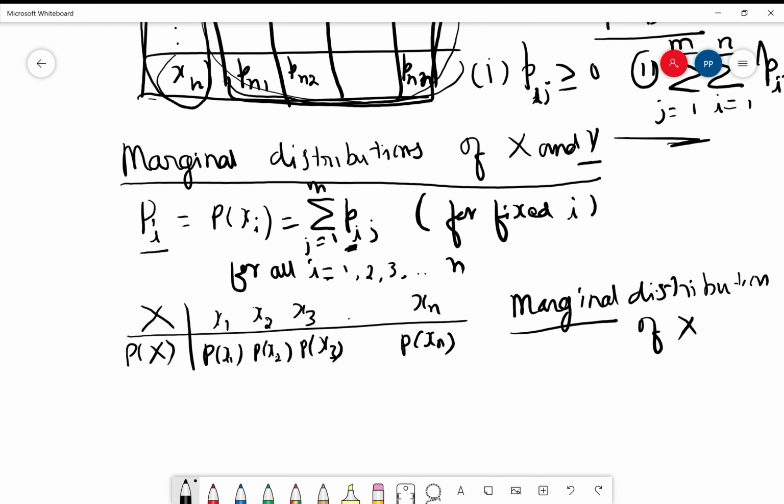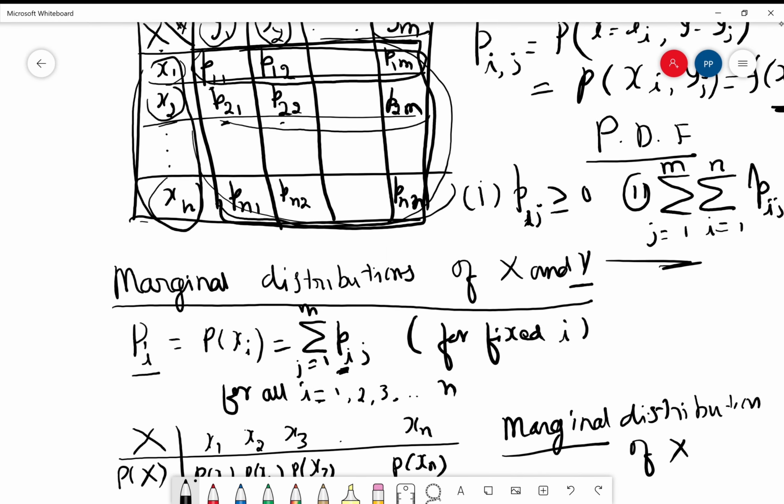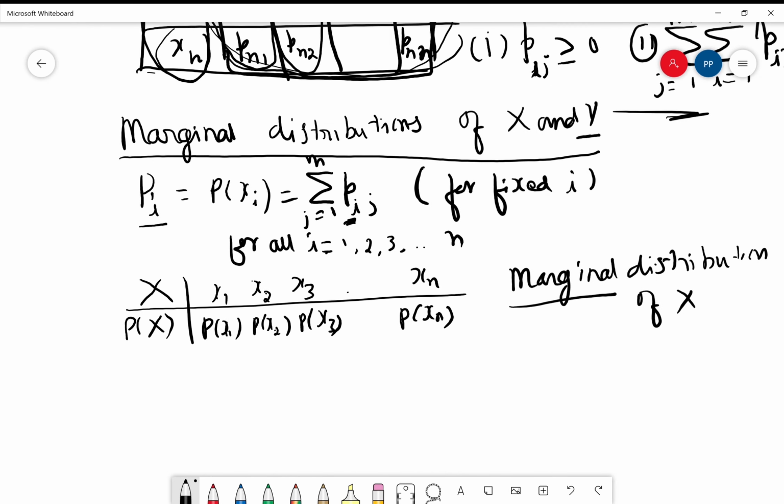In the same way, you can find the marginal distribution of y. Now we just have to consider the sum of the entries in these columns. This one has the probability of y1, this is the probability of y2, etc., probability of ym. In general, let us define capital P of j bar, same as P of yj, which equals summation of Pij.